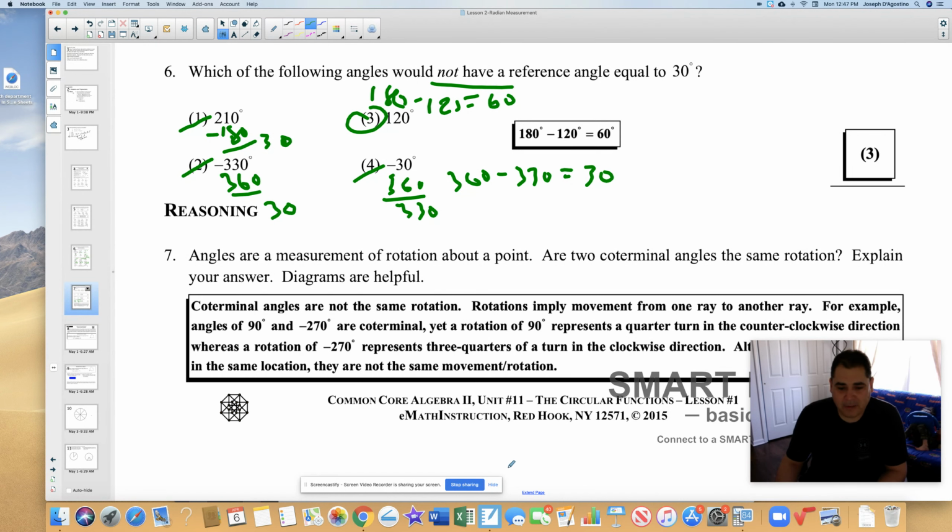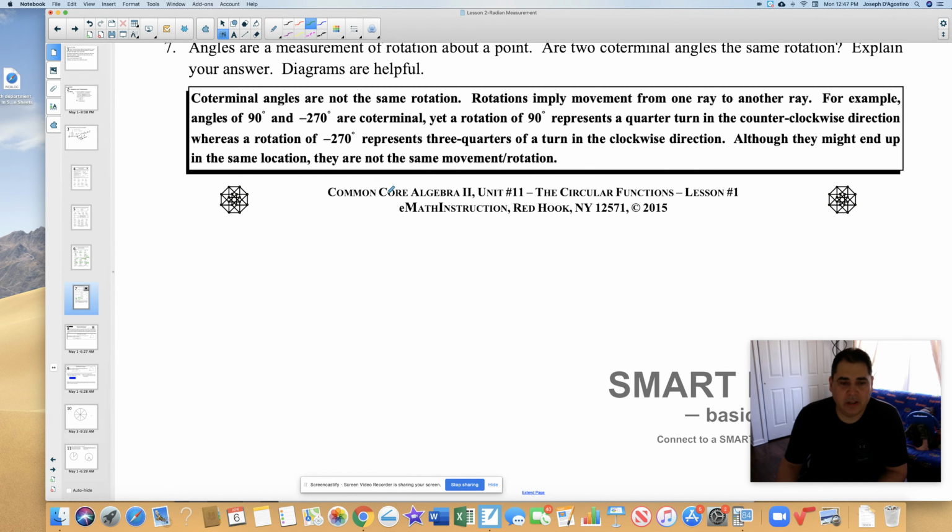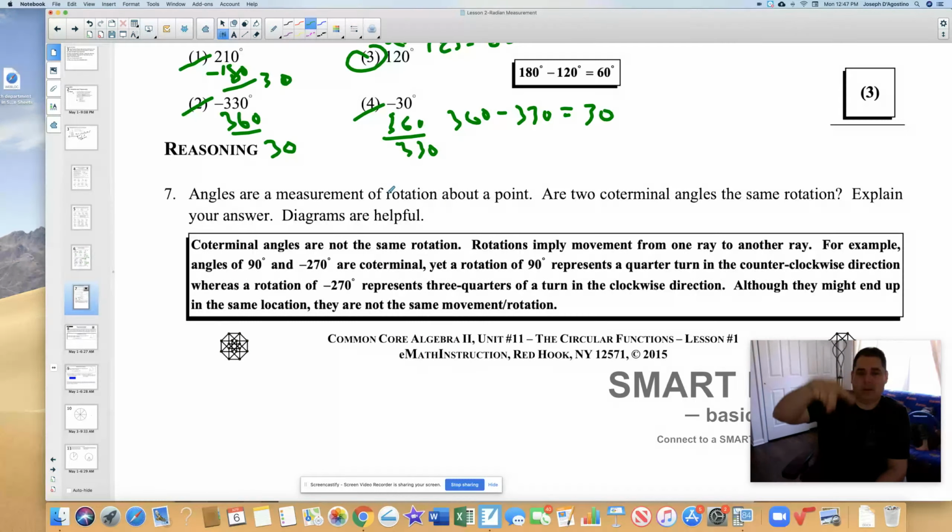So if it's a positive angle, it's going to go in the counterclockwise direction. Negative 270, since it's negative, is going to go in a clockwise rotation. So they might terminate in the same spot, but they do not have the same rotation.